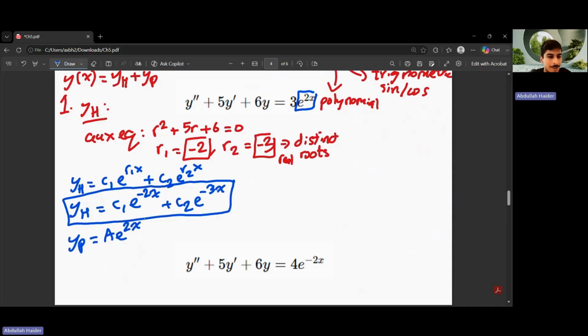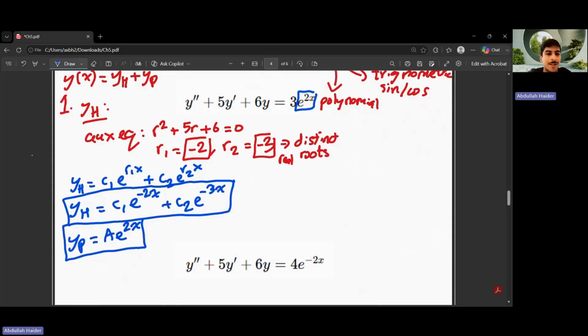Now, whether you multiply this by x or by x squared depends on whether YH and YP are similar. So you have e power 2x here. You have e power -3x, which is not e power 2x. You have e power -2x, which is not the same as e power 2x. So we will not multiply this by any x, and this will be our yp, ae power 2x.